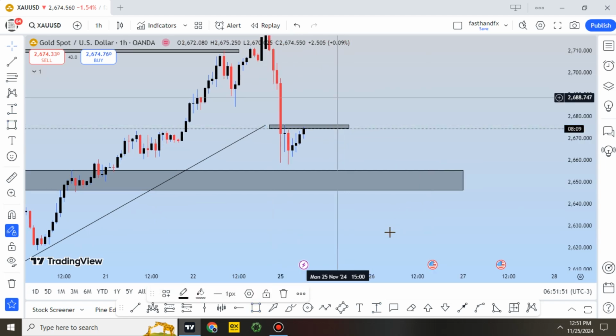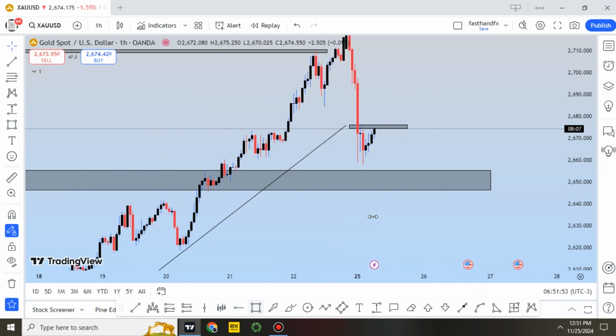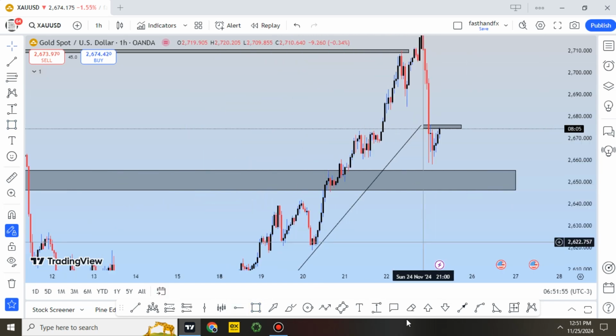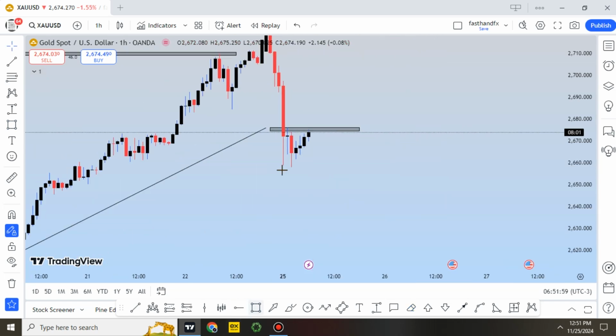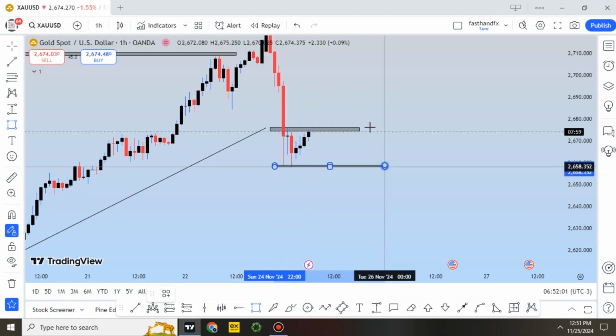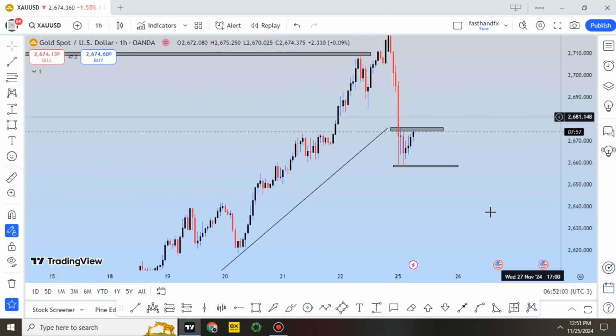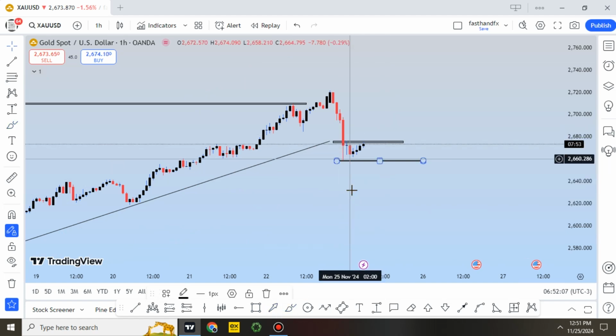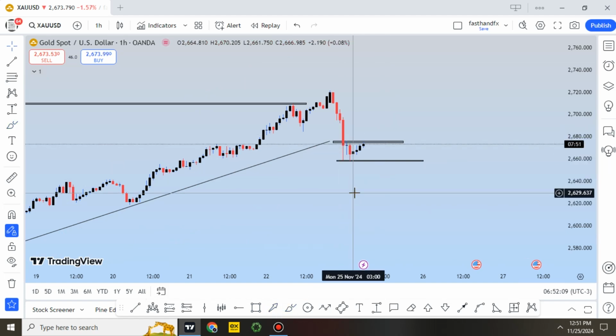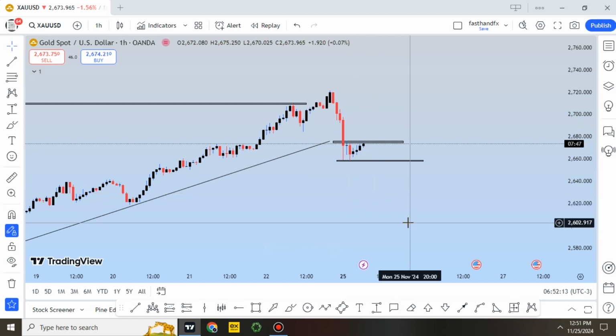Let's mark that. And of course, let's mark this. I think we should just remove this right here. Let's mark out this level as the last low. So right now we're in the middle of a high and a low. A break above, we should be looking for buys, and a break below, we should be looking for sells.